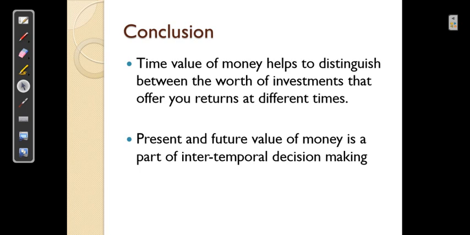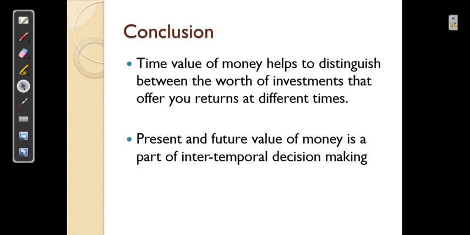Whenever you are making an investment for 2 or more than 2 time periods, you're making a decision at a young age for your retirement, or you're making a decision of investment during retirement years for your very old age, all these are examples of intertemporal decision making, and the concept of present and future value of money is very useful for this.